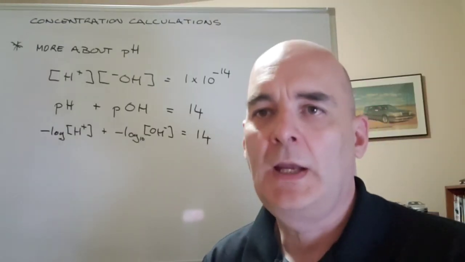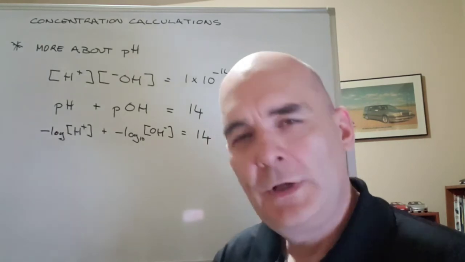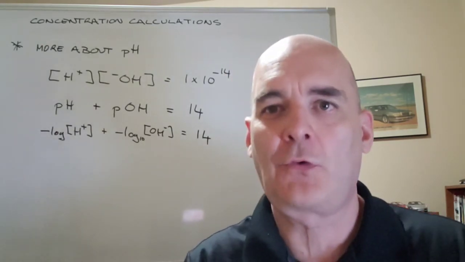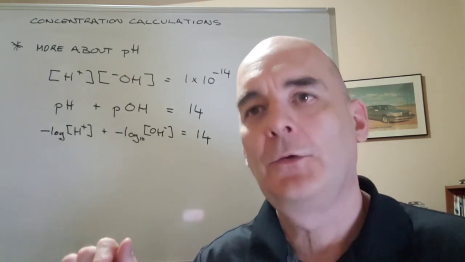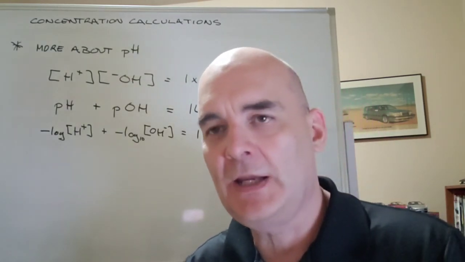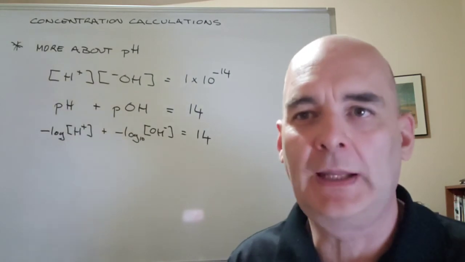So one last thing about pH. We'd seen that the scale runs from 0 to 14, 0 being acidic, 14 being very, very basic, 7 being neutral in the middle.